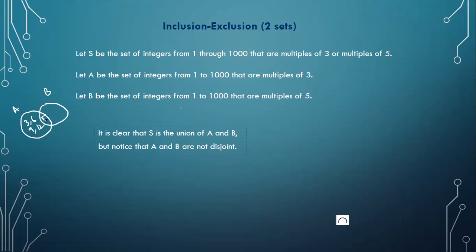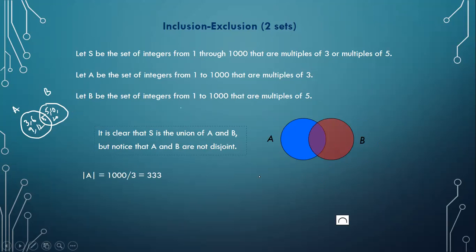So 15 will be in the intersection part. For the multiples of 5, we will have 5, 10, 15 over here, 20, etc. So we have to remove the elements which have been counted twice. This is the intersection shown over here.